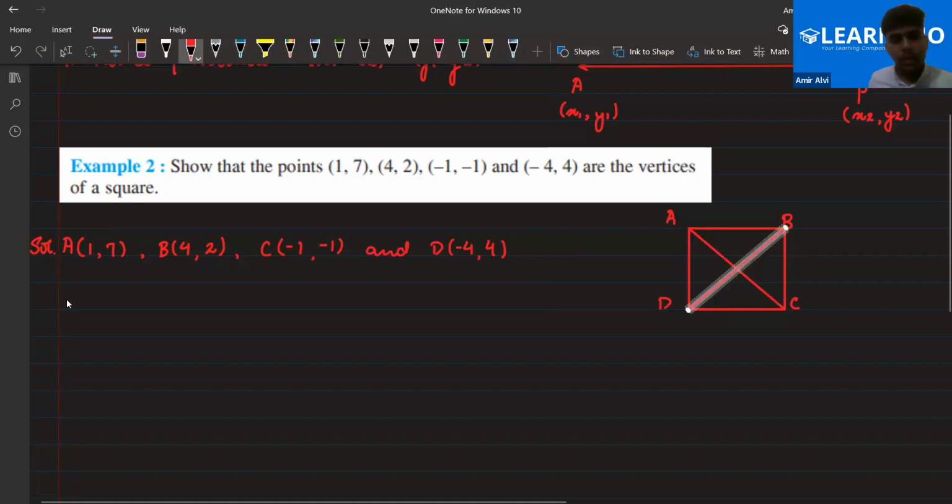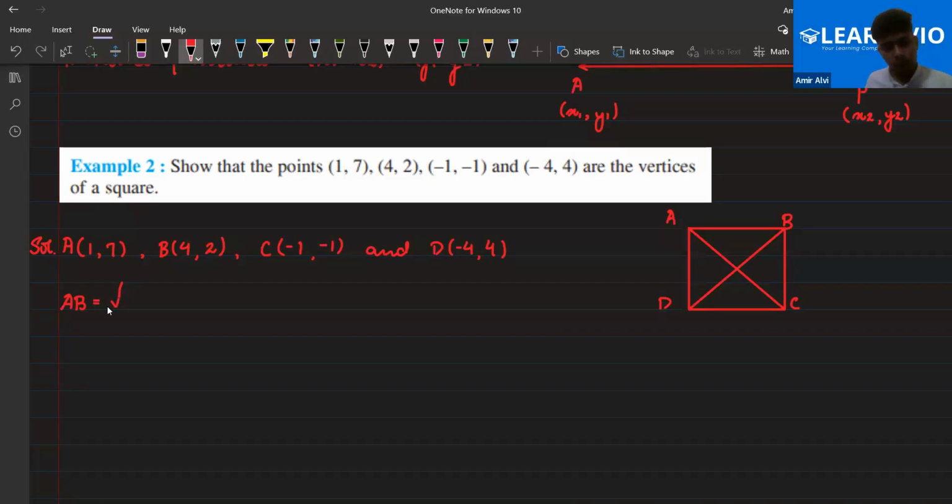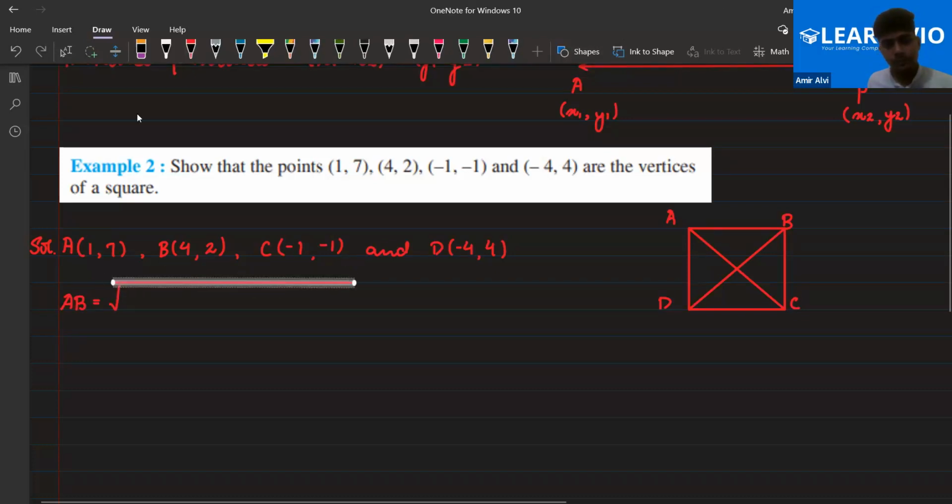So now let's calculate the distance between AB. First, AB, A to B, right? We are going in this manner, okay? So AB is nothing but under root of, okay? So the formula is x1 minus x2, yes or no, Gianna? Yes, sir. Okay.